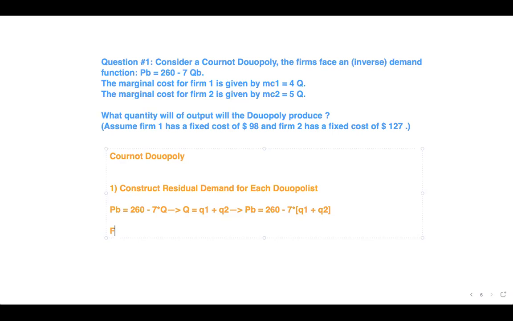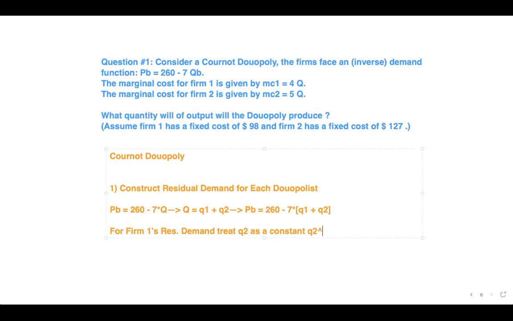So for firm one's residual demand, treat Q2 as a constant. We're limited in terms of notation, so I'll just write Q2 with a little hat.